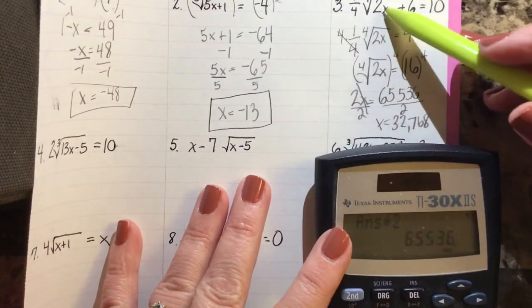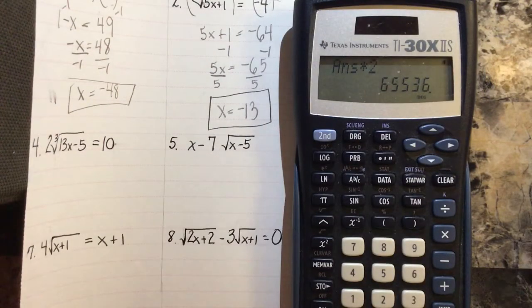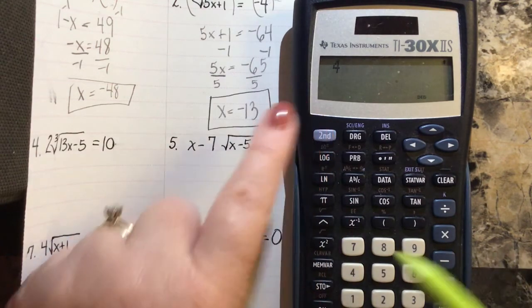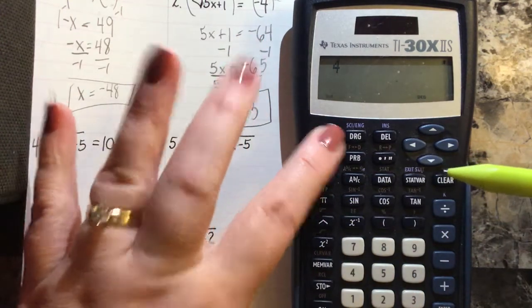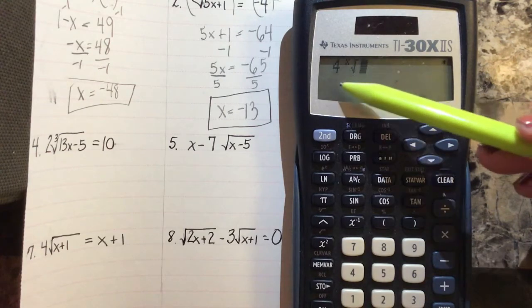And then I want to take the 4th root of that. So to take the 4th root, I press 4. Here's where you use a root of any index, like this is the xth root. So 4, second the caret button, and that says 4th root of.